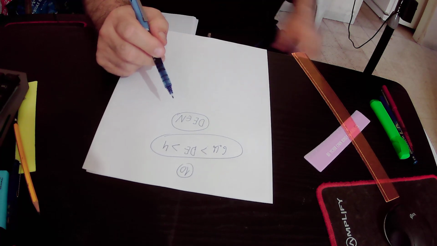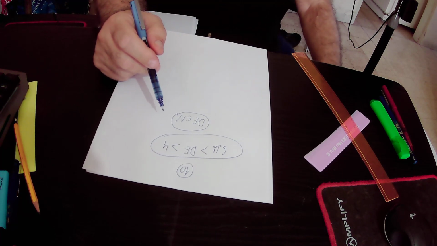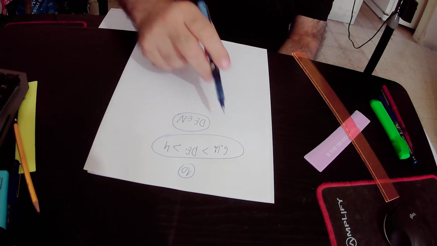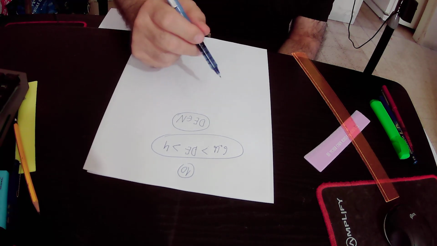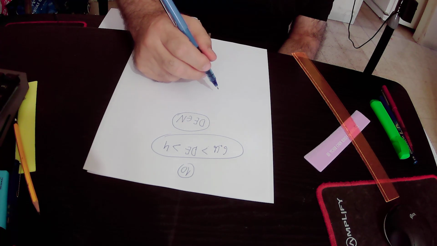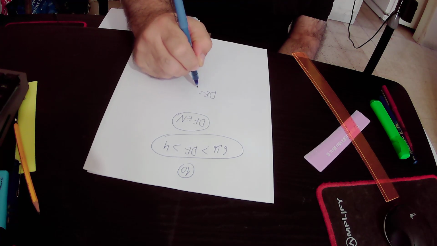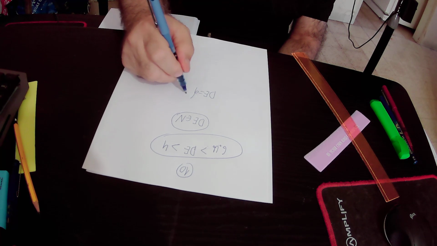We have only two natural numbers, that is to say 5 and 6. So DE will be equal to either 5 or 6 units.